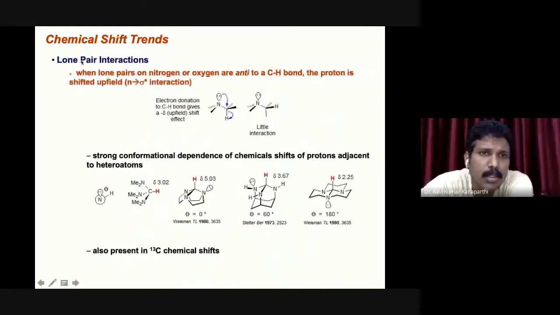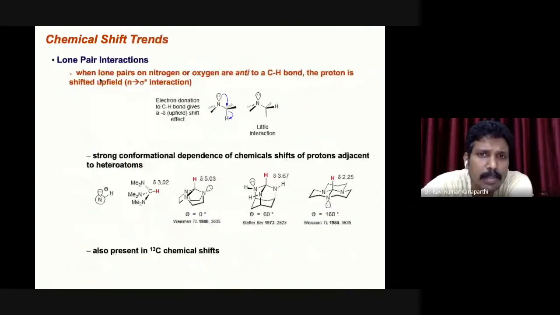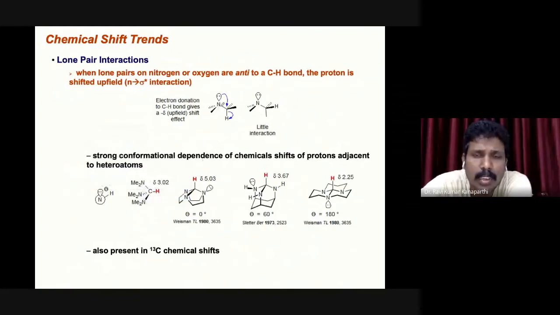And coming to the lone pair, the effect of lone pair on the chemical shift values. If you have heteroatoms in any given organic compound, we always find lone pairs, for example on oxygen and nitrogen.